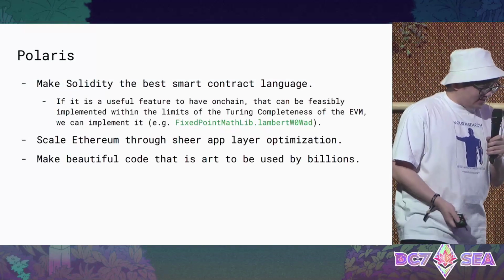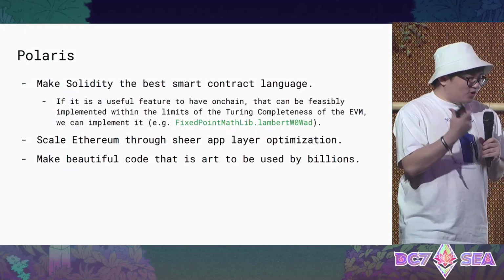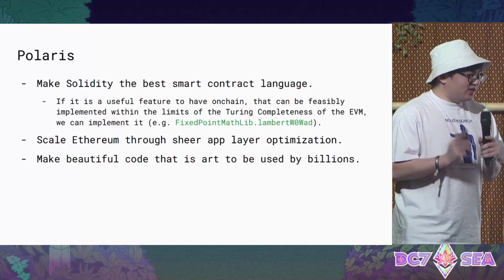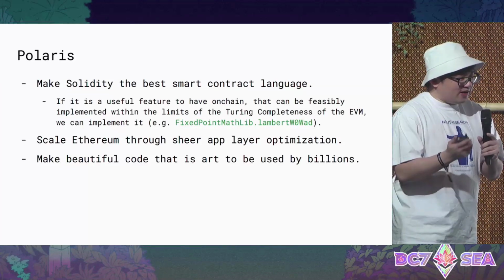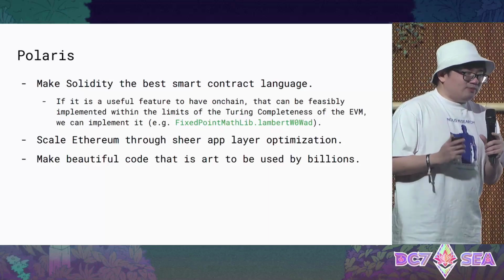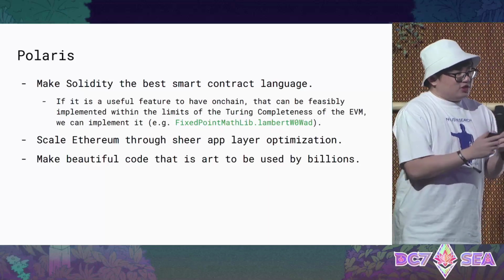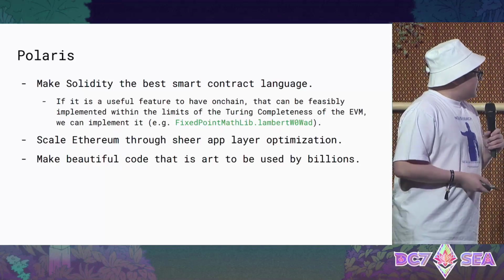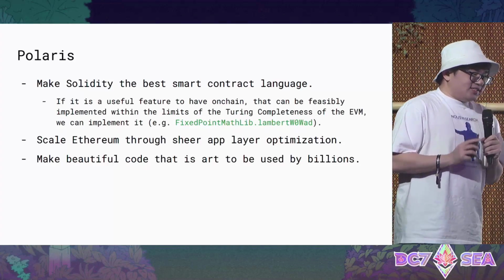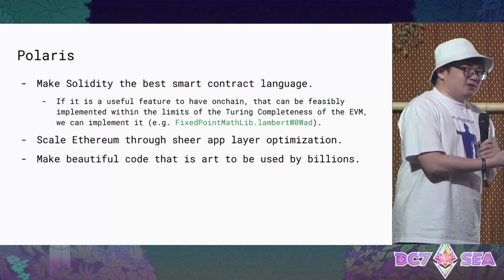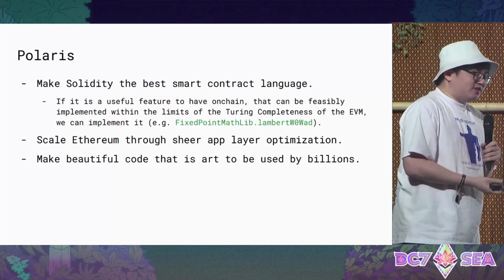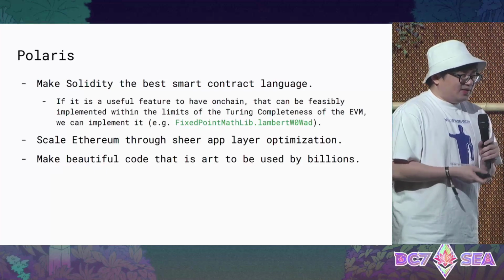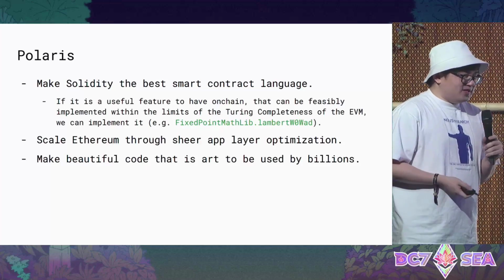Okay, so some core goals, like the North Star of Solady. We want to make sure that Solidity is the best smart contract language by providing a rich set of highly optimized utilities that fit the Solidity compiler now and into the future. People say we want to write our language in Rust because it has a wider library. We want to write in C++ because there's a wider library.